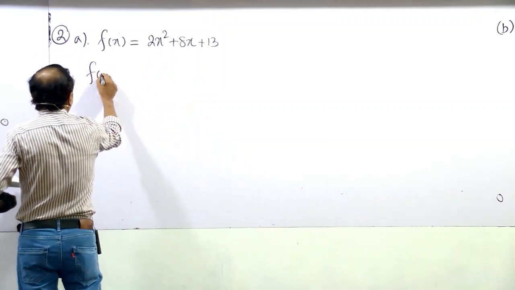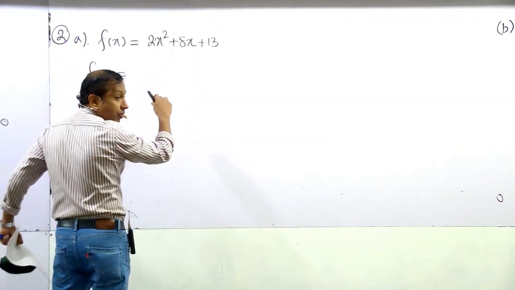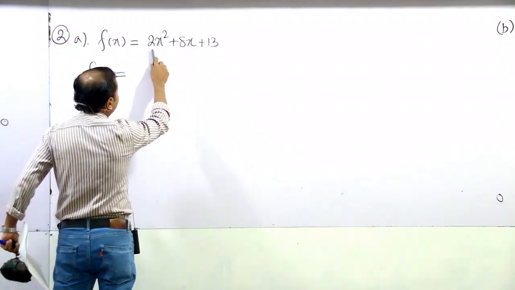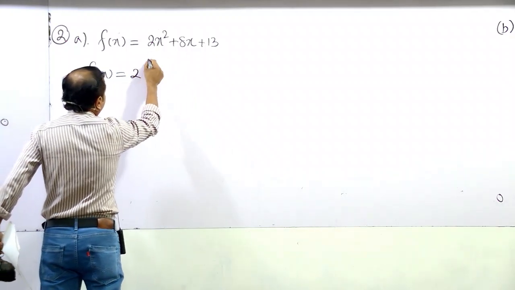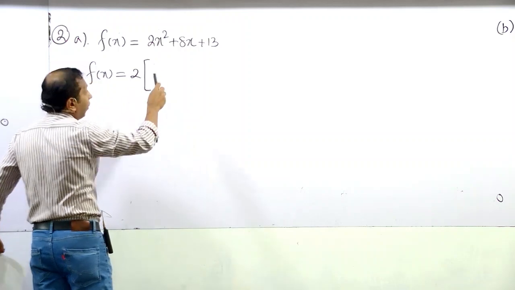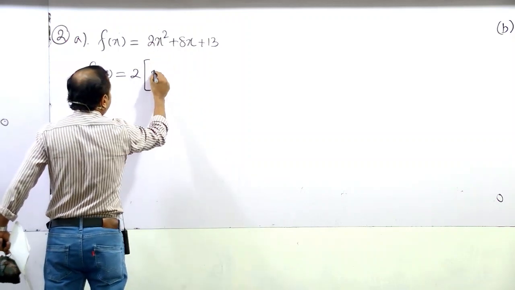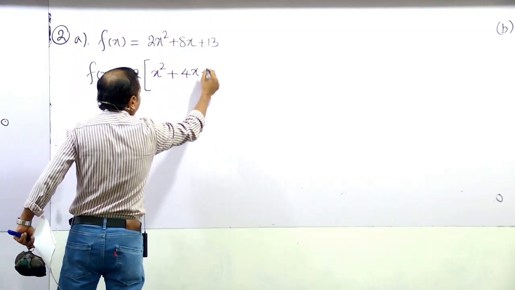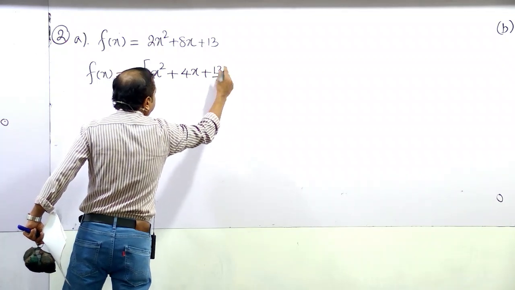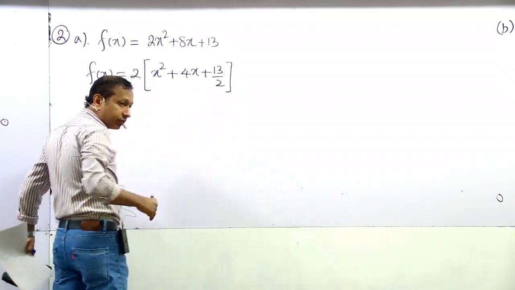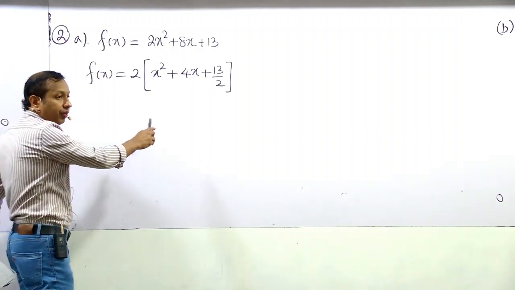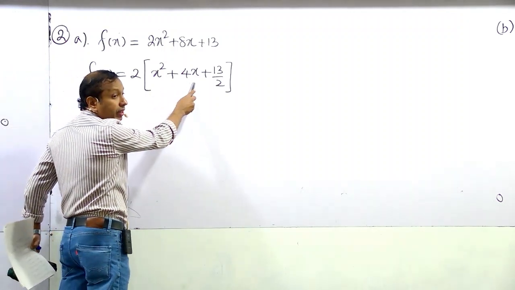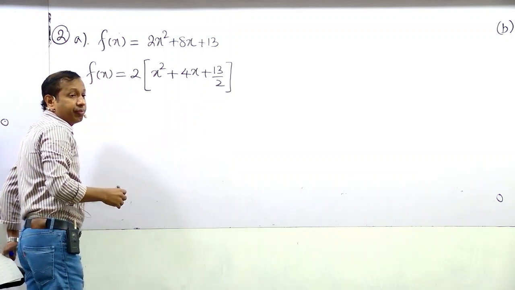I'll take from the right hand side these two out. From the bracket we take 2 out. Then all these three terms we have divided by 2. We get here x squared, here 4x plus 13 by 2. Now inside the bracket we do completing the square. Can you remember the steps in completing the square?